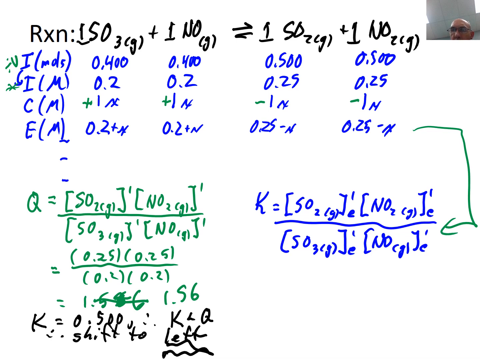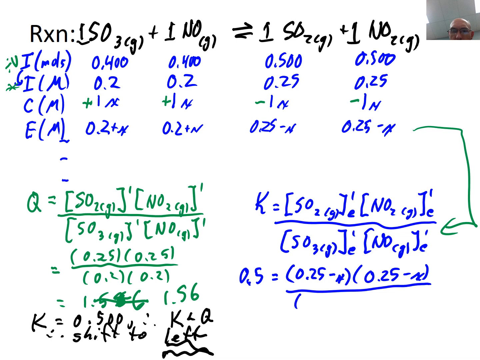So we make our substitutions. 0.5, and I know the full value is 0.500, but I can short form it for now, equals concentration of 0.25 minus x times the concentration of 0.25 minus x divided by 0.2 plus x and 0.2 plus x.